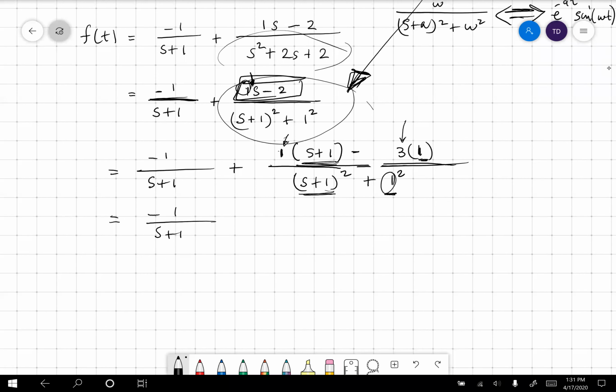I'll slide this down a little bit so you can see at least the sine and the cosine right there. And I wrote f of t here. This was a huge goof. It's not f of t, it's f of s. Therefore, f of t equals the inverse of the first term, minus e to the minus t, plus the inverse of the second term, e to the minus t cosine of t.